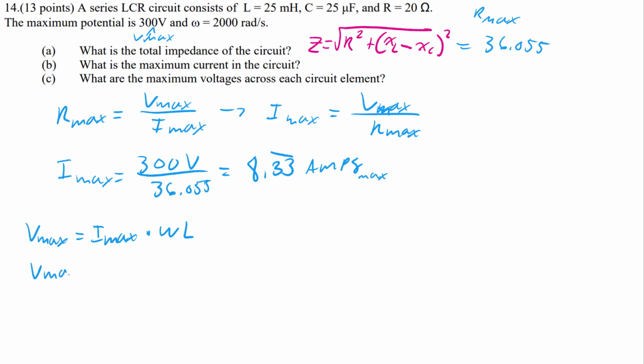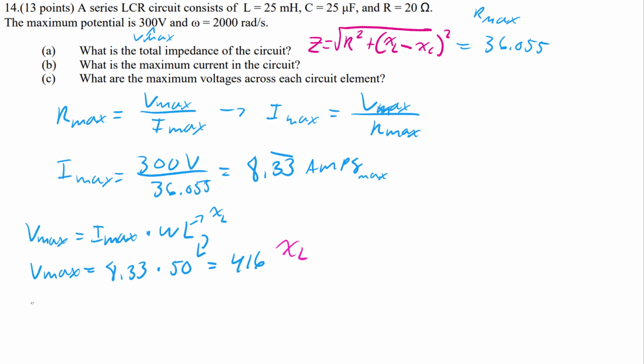Well, V max turns out to be 8.33 times omega times L, that's 2000 times 25 millihenries. Turns out we already solved for that. That's going to be 50. That's X sub L. And that gives us a voltage of 416. Now, that's for X sub L.